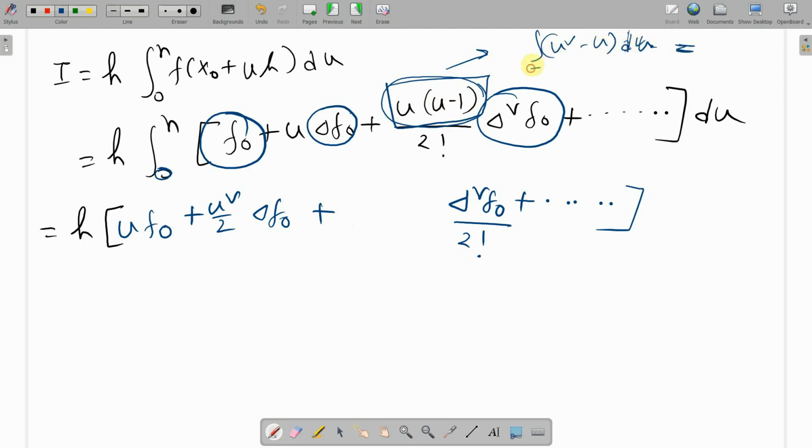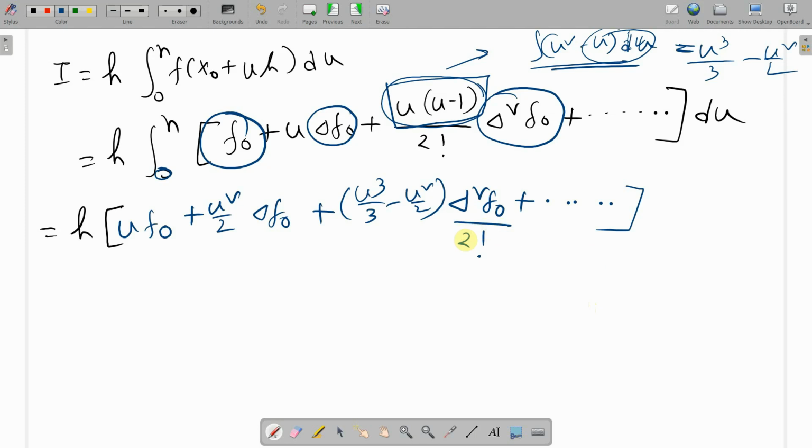Tell me what will be the result. What is the integration of u square du? u cube by 3, and for this one, minus u square by 2. So I will write it here, u cube by 3, u square by 2, and so on. No, I'm keeping the factorial separate.